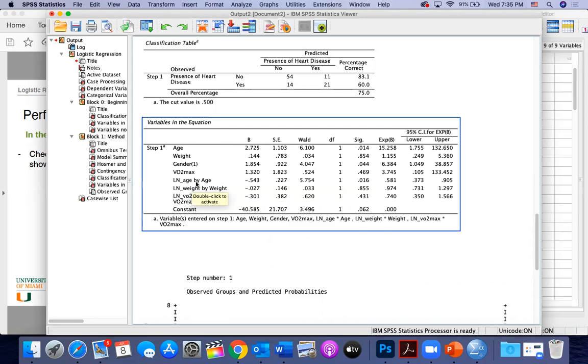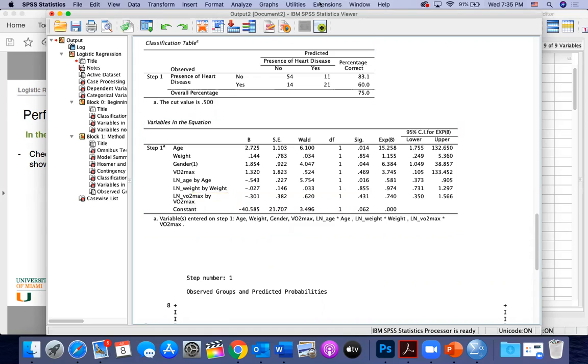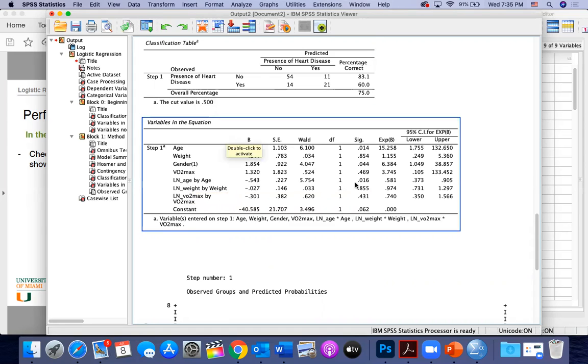You can see that the interaction effect between age and the log of age is significant, meaning that the assumption was violated for age, and the other two were not significant, meaning that they are good. So should we proceed or not? It depends on how you look at it and how large your sample size is.